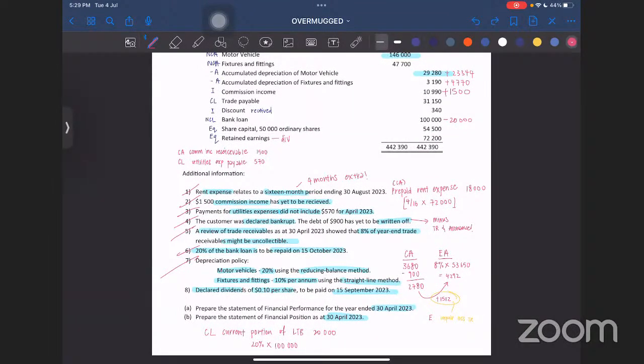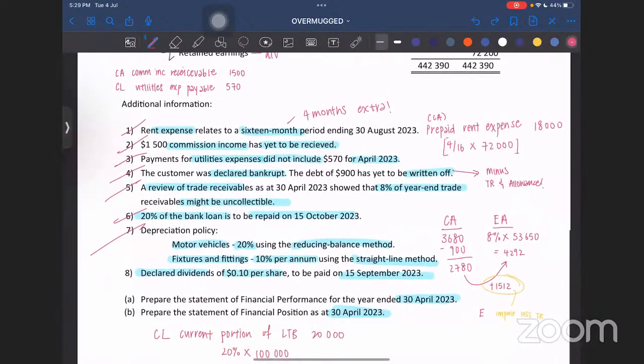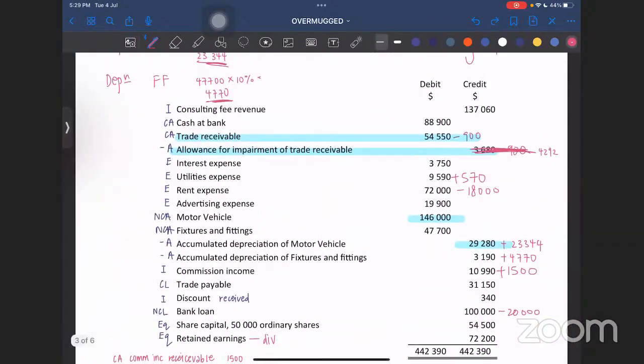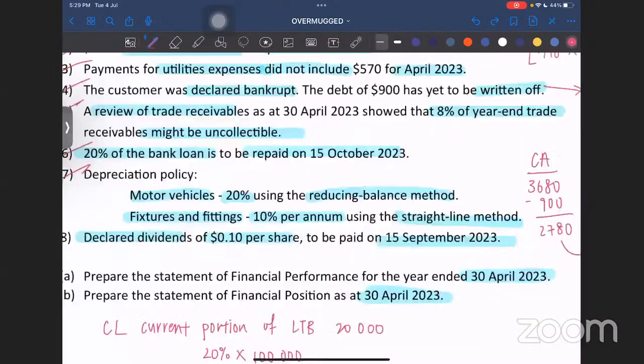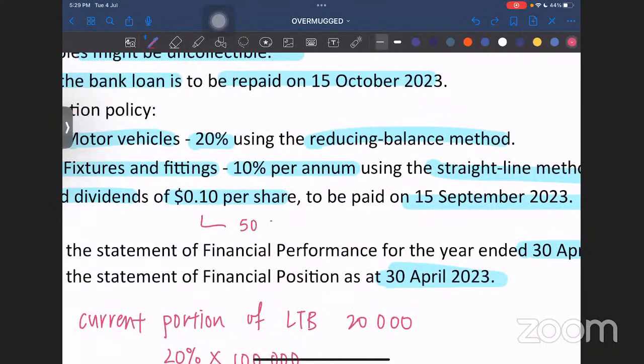Right, okay, so let's calculate how much this is. 10 cents per share. How many shares do we have right now? I have 50,000 shares right now. Okay, so my calculation here, I will just take 50,000 shares, multiply by 10 cents. So that will give me $5,000 of dividend.